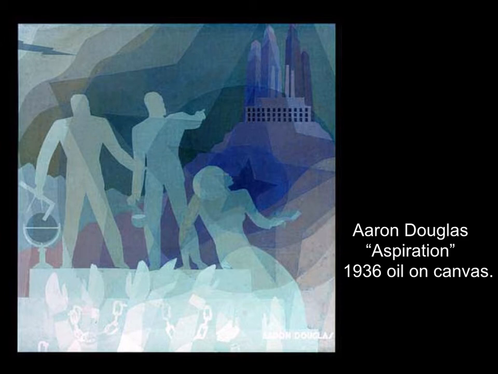So Aaron Douglas, if we look at this image, in the foreground, in the bottom of the painting, there are these simplified hands with chains, right? And then in the middle ground, we have some simplified bodies. They almost have an Egyptian quality.